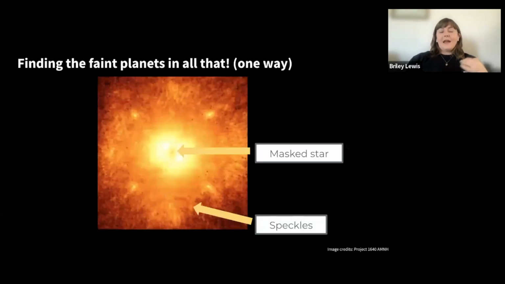And then we have to actually find the faint little planets in all of this. This is what some of the data looks like from these kinds of direct imaging systems here on the ground before we do all of our data processing. One way of finding faint planets, and I think this GIF isn't working, this is supposed to be a video where each frame is a different wavelength of light.